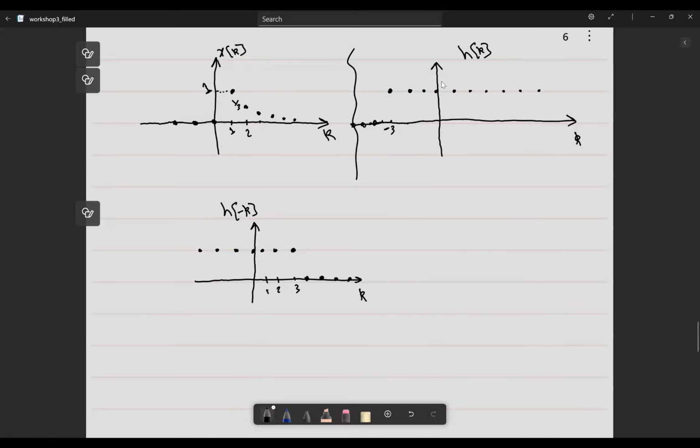Okay, we just did the time reversal, and then I'll do a time shifting by n, so that it becomes h[n-k].